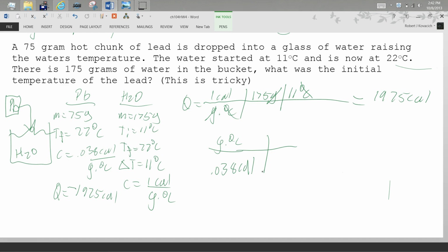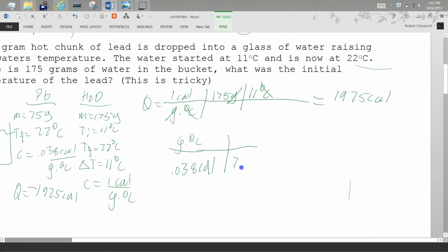So I need to get rid of the grams, and from the problem it's 75 grams, so my grams cancels out. Then I can use my negative 1925 calories to cancel out the calories in the numerator, and I get a degree C. It looks like that works out to be negative 675 degrees C.